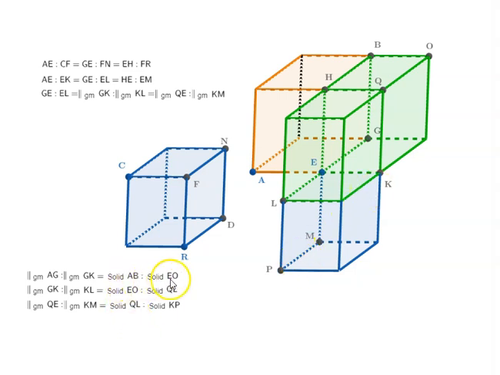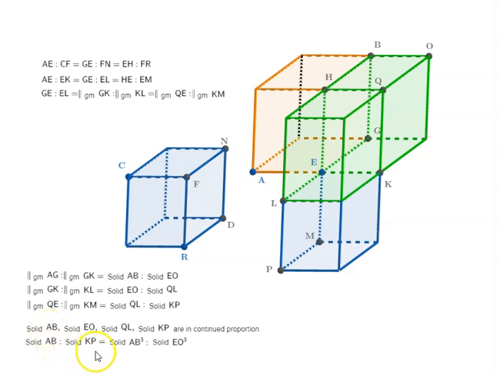And this should give you some idea that solid AB, solid EO, solid QL, solid KP are in continued proportion, which means solid AB is to solid KP in the triplicate ratio of the first and the second.